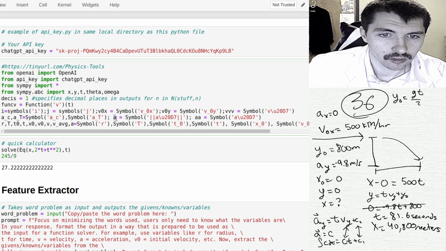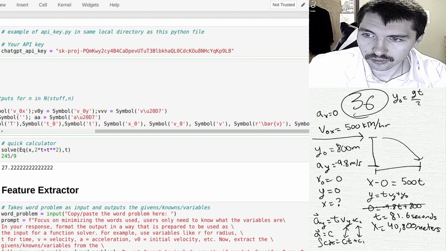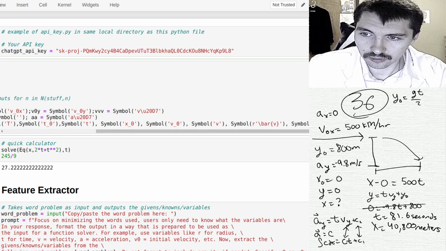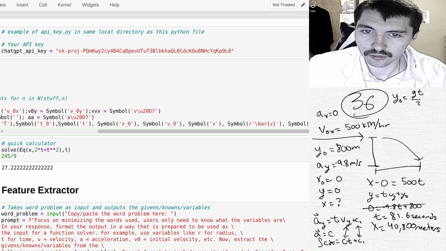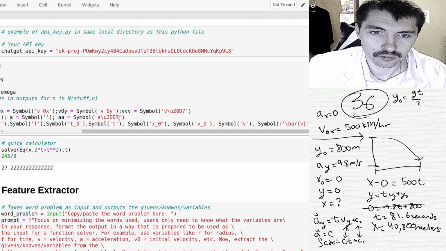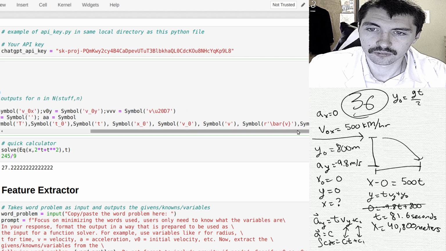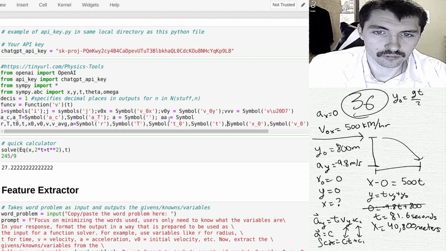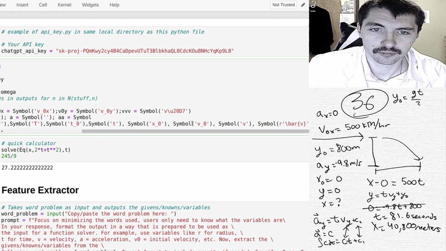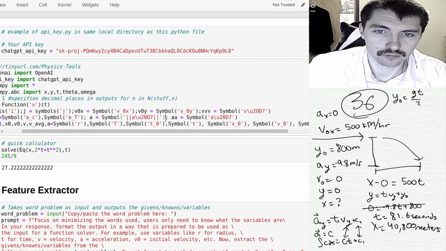Okay. So we have two A's. I don't know what this is.